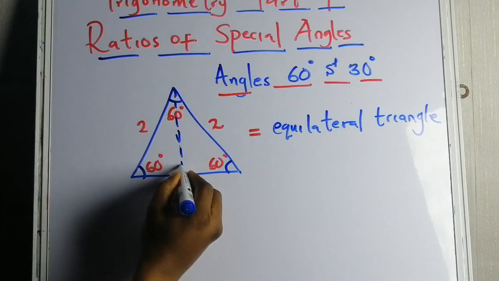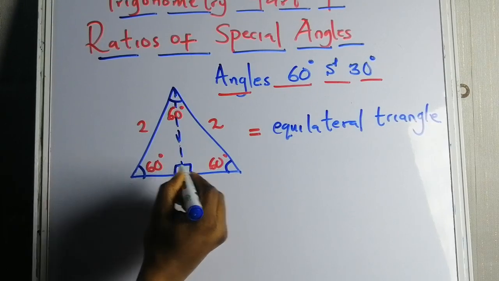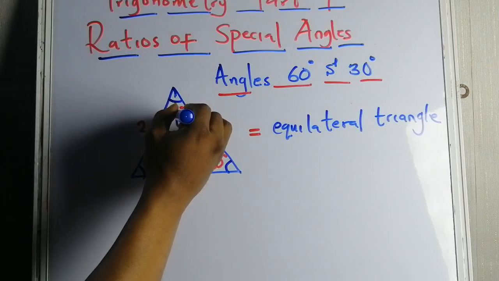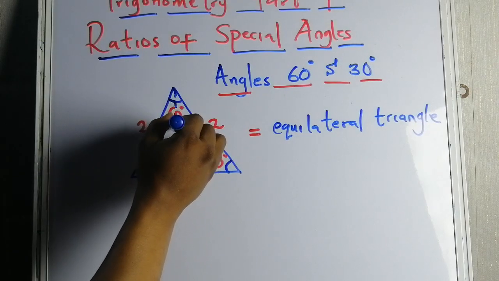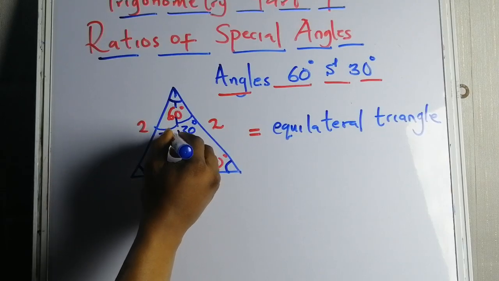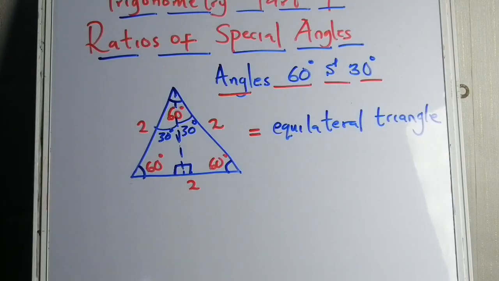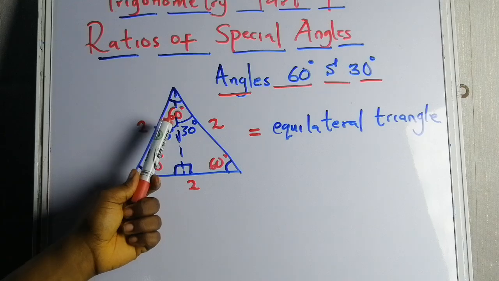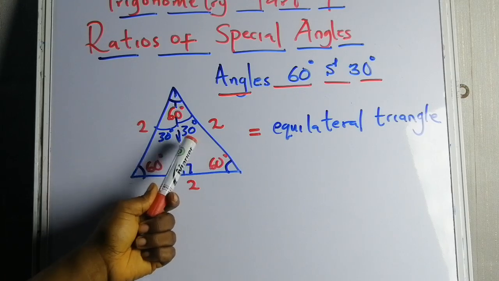If you are dividing it into two, you have angle 90 here and angle 90 here. So if I'm dividing 60 degrees into two, this place and this place will be 30 degrees and 30 degrees. Dividing this into two equal halves, 60 becomes 30, 30.